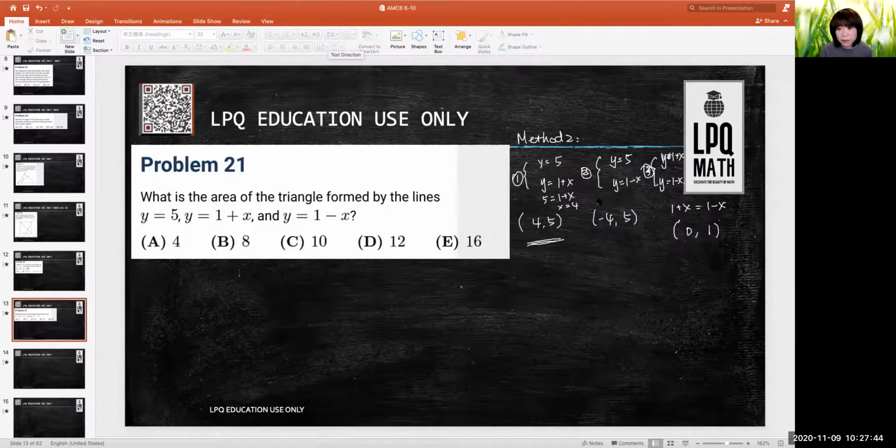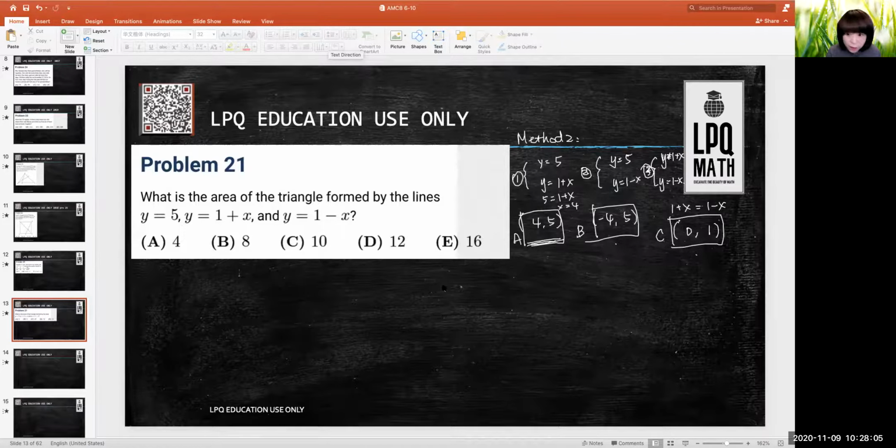By doing this, we can immediately get the three points on the coordinate system. We can just call them A, B, and C. There's a very good equation called the shoelace equation.